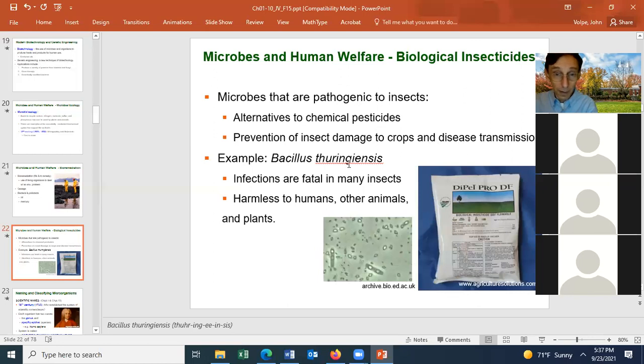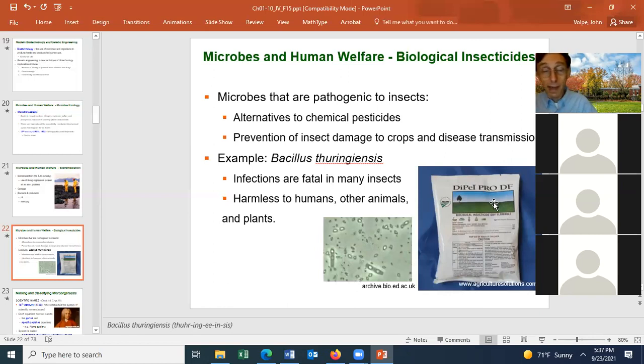For example, Bacillus thuringiensis is a bacteria which is fatal to many insects. And there we're looking at Bacillus thuringiensis right here. And yet Bacillus thuringiensis is harmless to humans and other animals, as well as harmless to plants. And there is some Bacillus thuringiensis you can buy, and then you can spread it on your crop.